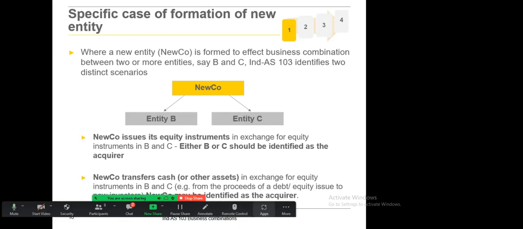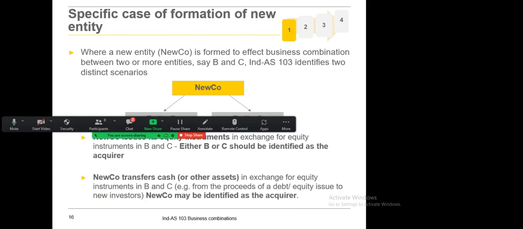Next, the new company transfers cash in exchange for the equity instruments in B and C, for example, from the proceeds of debt or equity issue to new investors. In this case, because the new company is transferring the cash in exchange for the equity instruments, the new company must be identified as the acquirer of B and C.